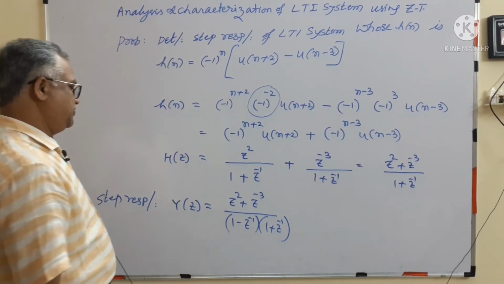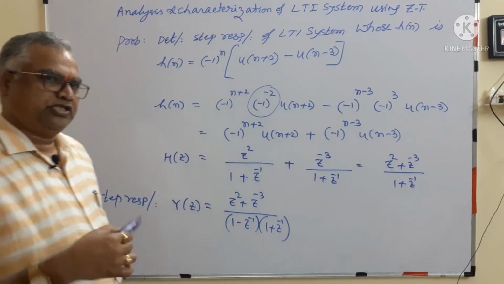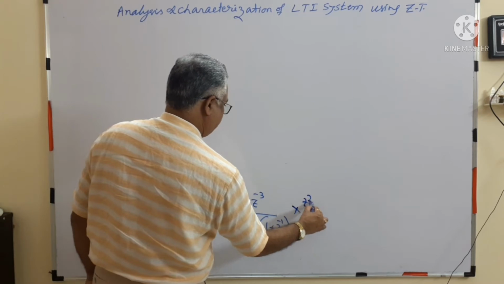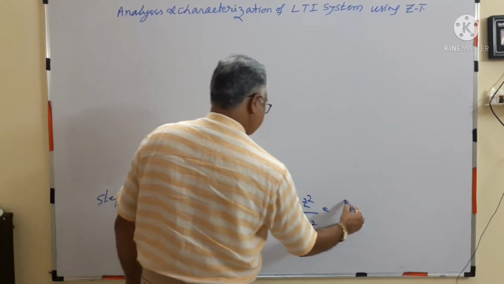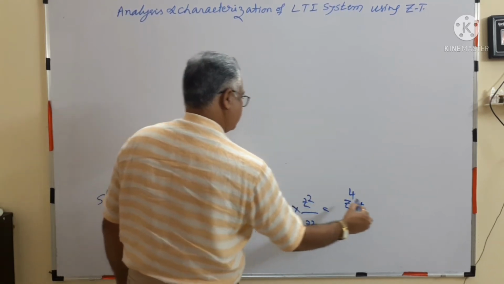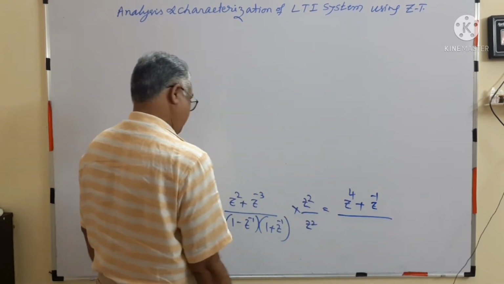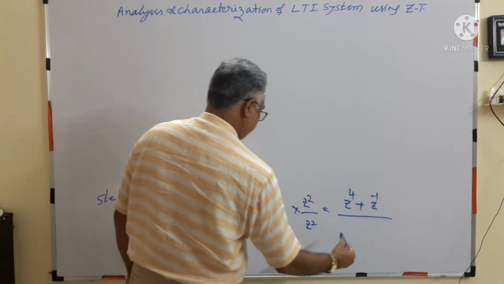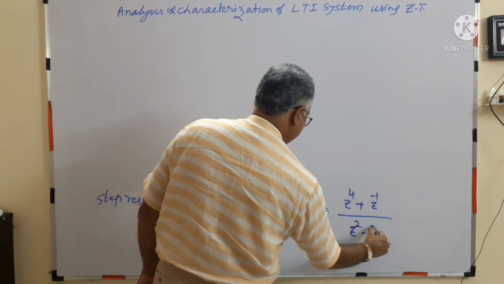So this is Y(z). Now the inverse of this is nothing but the step response. Here multiply with z square and divide with z square. This is z to the power of 4 plus z to the power of minus 1, by z square minus 1.